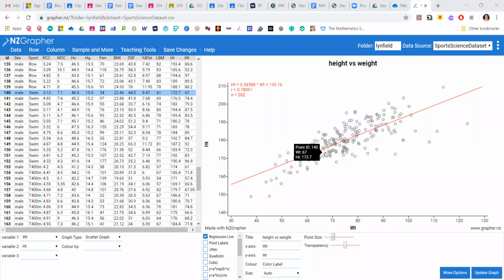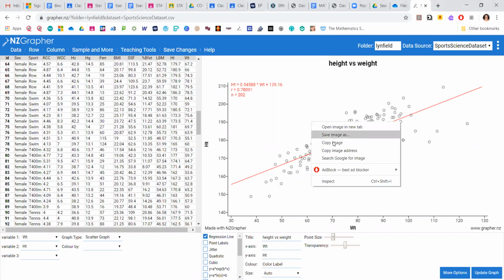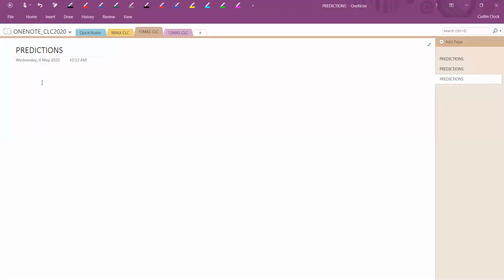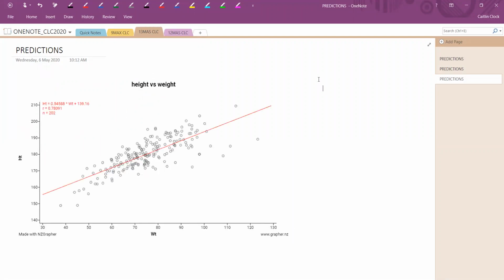How's that? I think what happens is if I tab between things, it only sees the first one that I've shared, so I have to remember that. Okay, so I've just made a graph, and what I'll do is now I'll share it again and pick this one. So you can see OneNote now, hopefully. Cool.